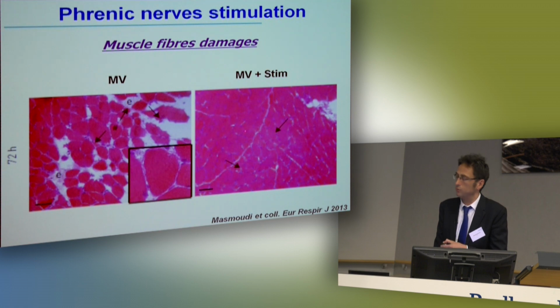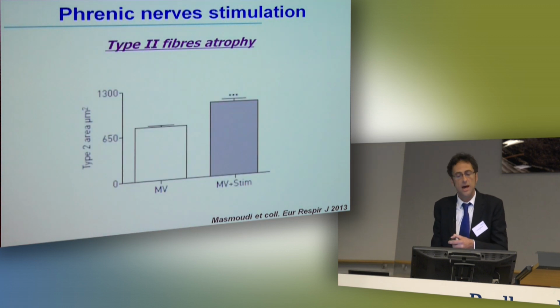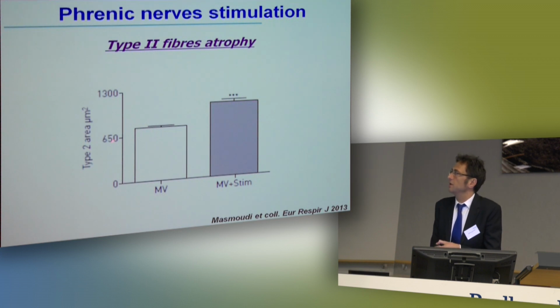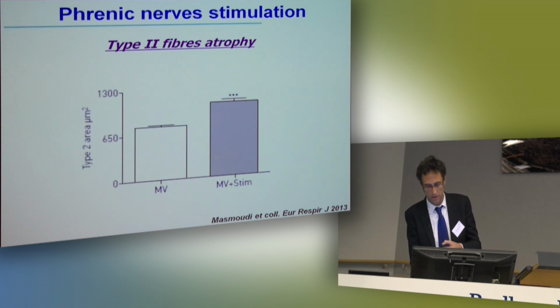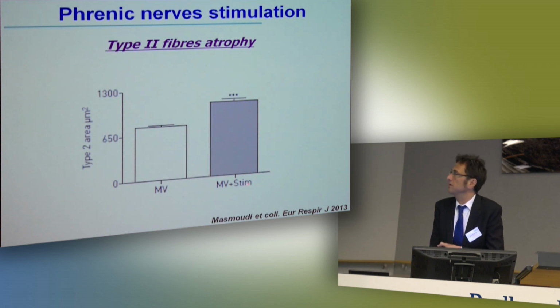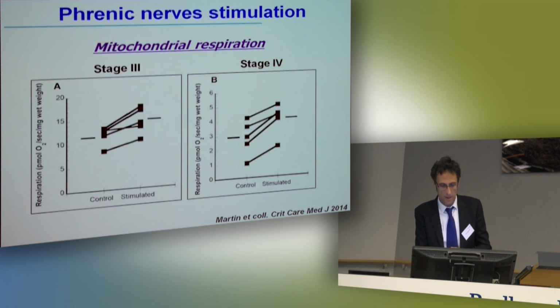And as you can see, this one is much more preserved. It also preserved against diaphragm atrophy. In the mechanically ventilated animals, there is a huge atrophy, and this is quite preserved in those who have been stimulated. So that's an interesting perspective.